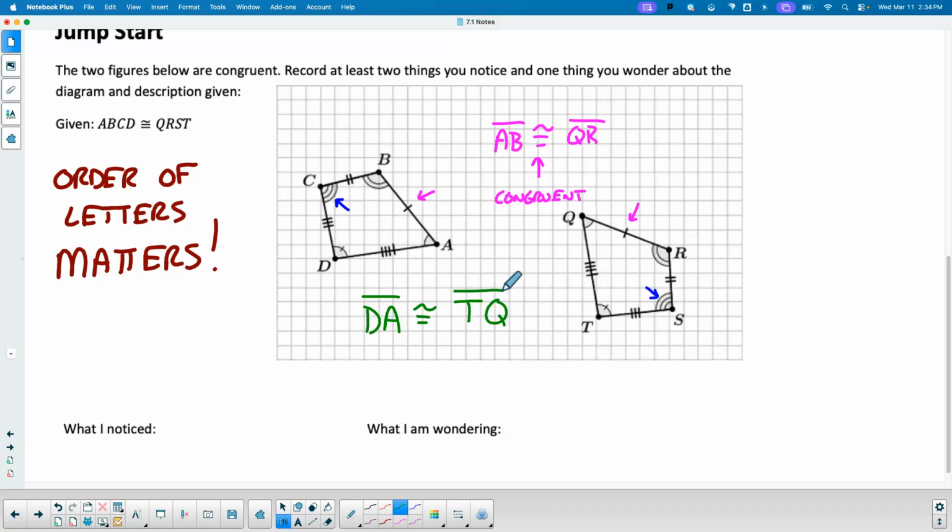That's Q. If you put there QT, I will mark it wrong, because order of your letters matters. I'll say that again for emphasis. If you put QT there, I will mark it wrong, because order of your lettering matters.